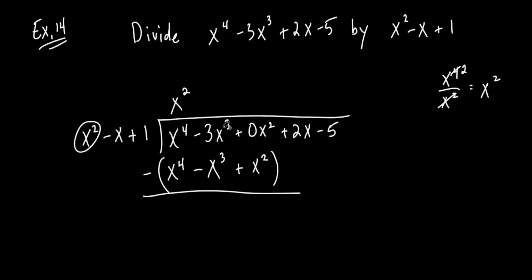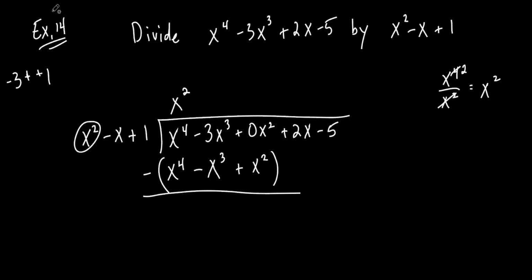Negative 3x cubed minus a negative. What's minus a negative? What's always minus a negative? If I go negative 3 minus a negative 1, what happens to that minus a negative? Yeah, so it becomes plus, right?